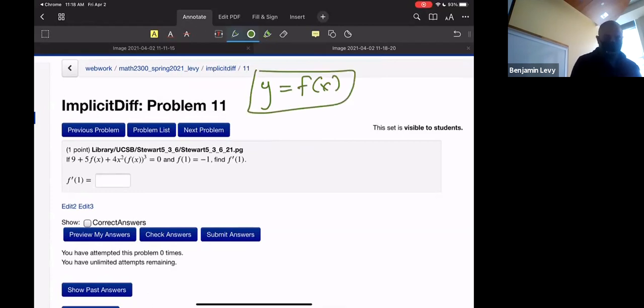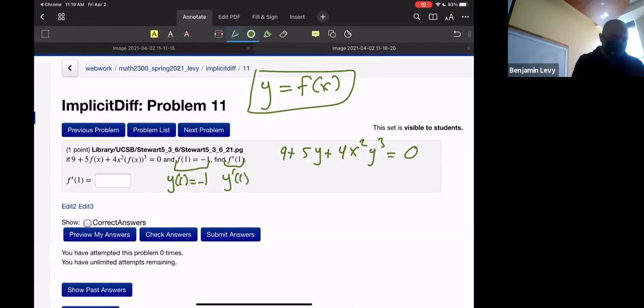So if it's helpful, you could rewrite this problem as 9 plus 5y plus 4x squared y cubed if you wanted to. Then it looks more like the other problems, right? And then this would be like y of 1 equals -1. This one would be y prime of 1, right? Does that clarify it a little bit and help to start?